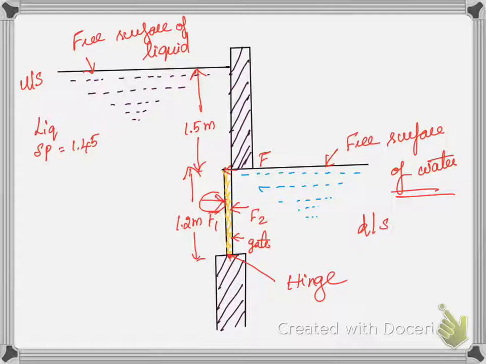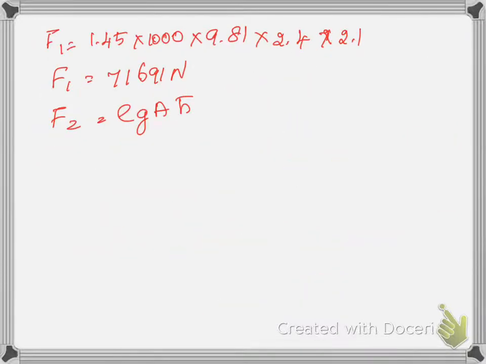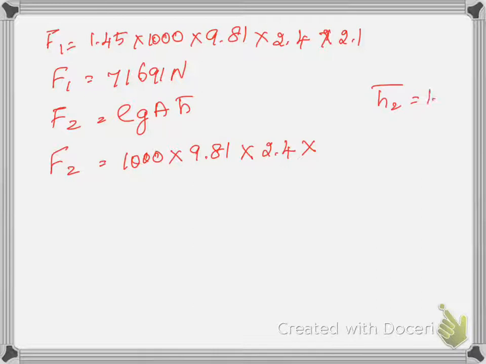So we have to take into account from this height. So I can straight away put 1.2 by 2. So F2 is nothing but rho value is 1000, G value is 9.81, A value is 2.4, and I'll keep this as H2 bar, which is 1.2 by 2, which is 0.6. So into 0.6.